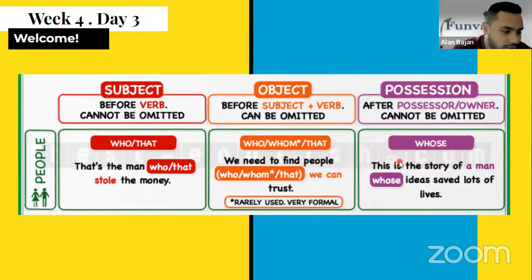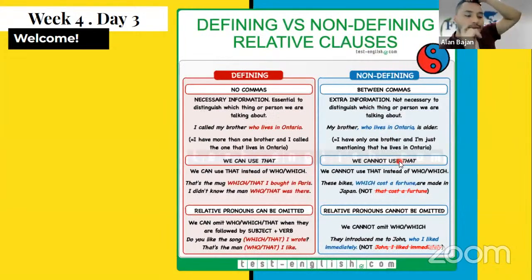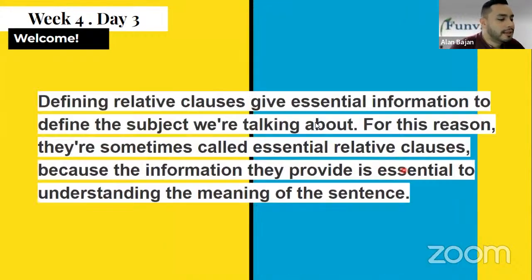Right? So let's start. We have defining and non-defining. Let's start with the defining clauses. Anthony, can you help me to read, please? Defining relative clauses give essential information to define the subject we're talking about.